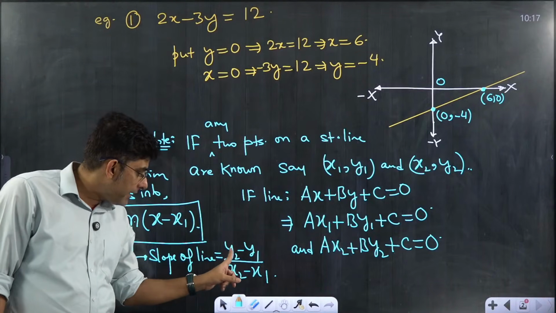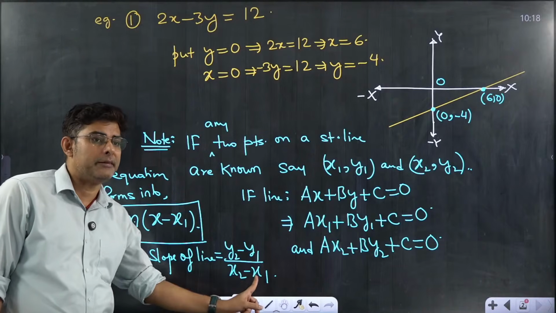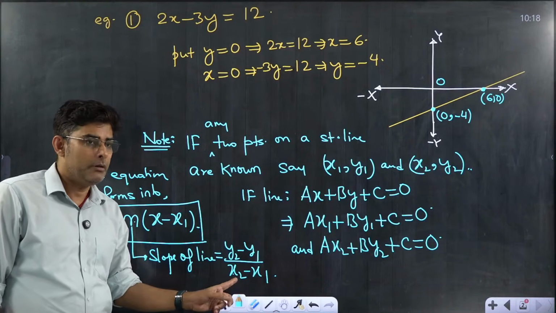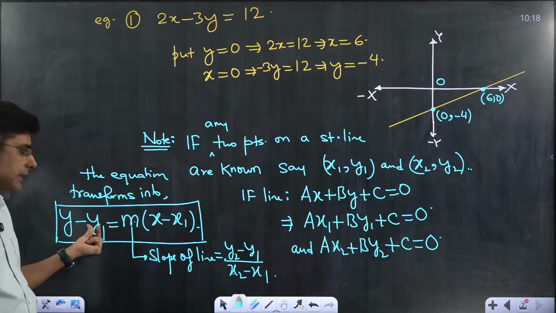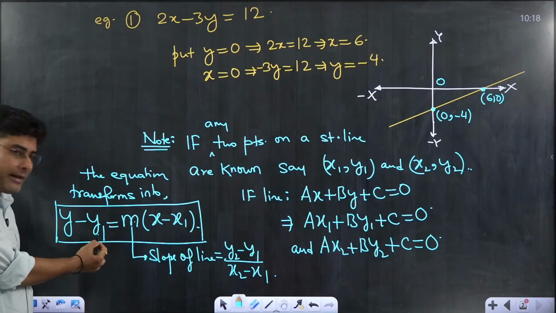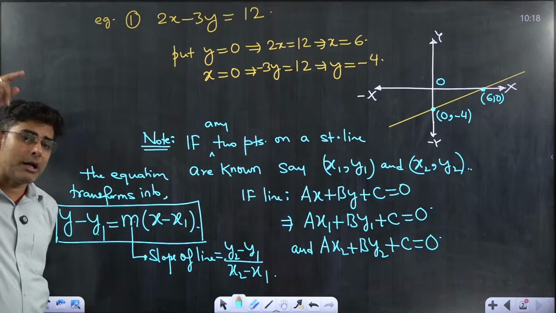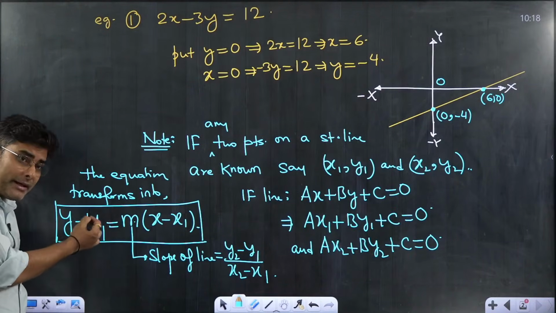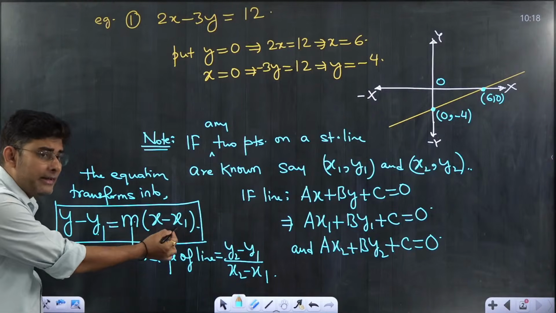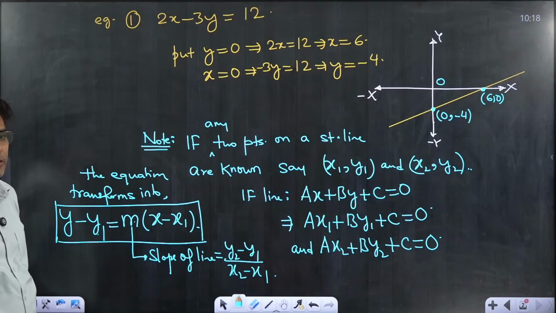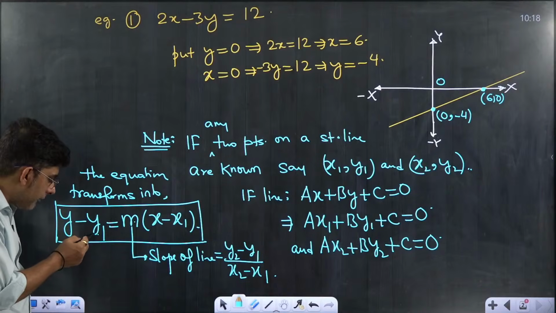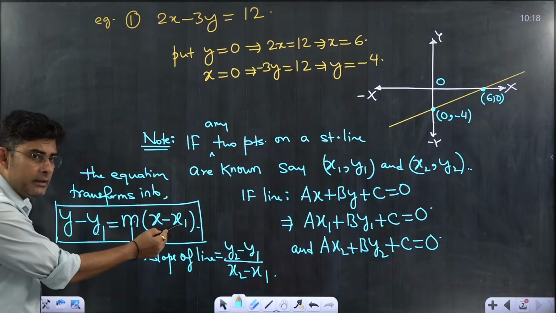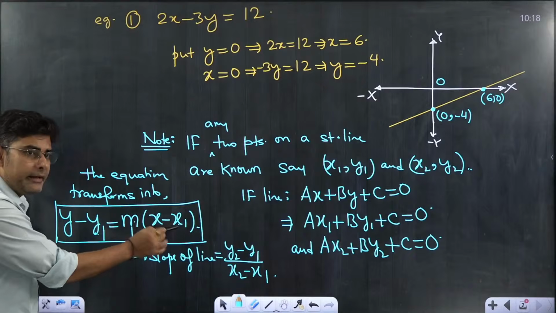If you have written y1 minus y2, here I have to write x1 minus x2. Yesterday I told this thing. So anyone can be taken, and similarly here, if you are writing y minus y1, you are bound to take x minus x1. But if you are taking y minus y2, then here you will take x minus x2. Understood? Listen again. If you are taking y1 here, you will write x1 here. If you are taking y2 here, you can write x2 here.